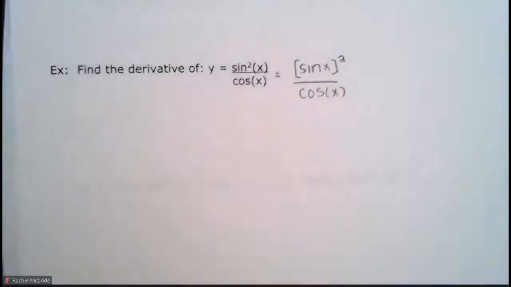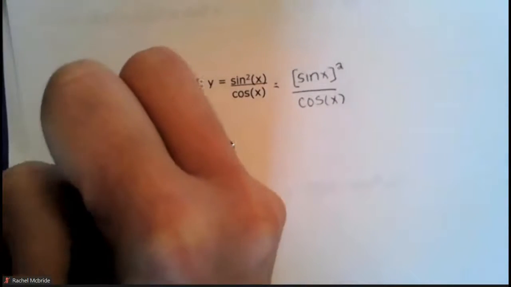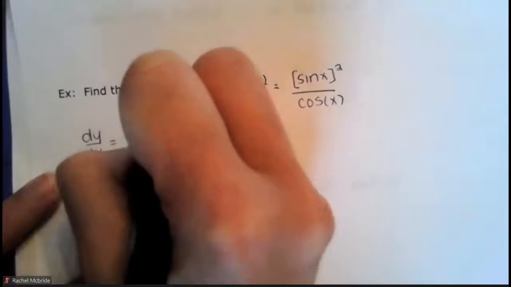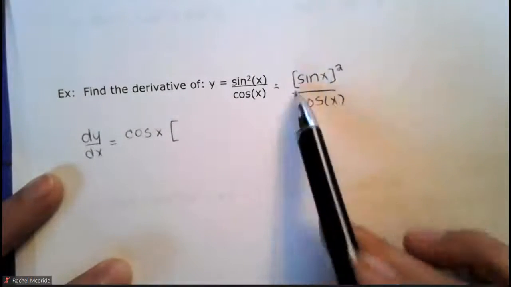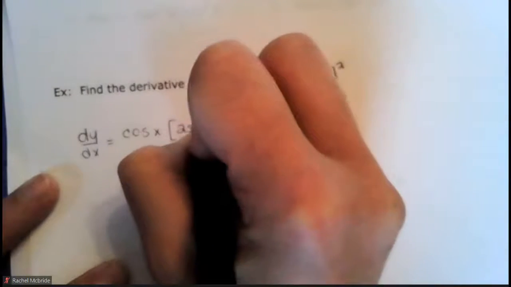So we have dy/dx equals ho d high. So now for the d high part, we take our chain rule. So it's 2 sine x, derivative of sine, cosine x.